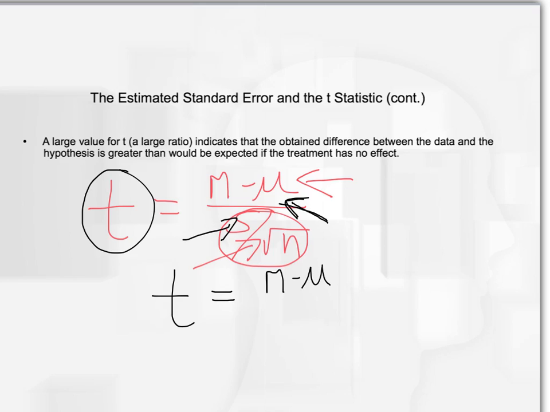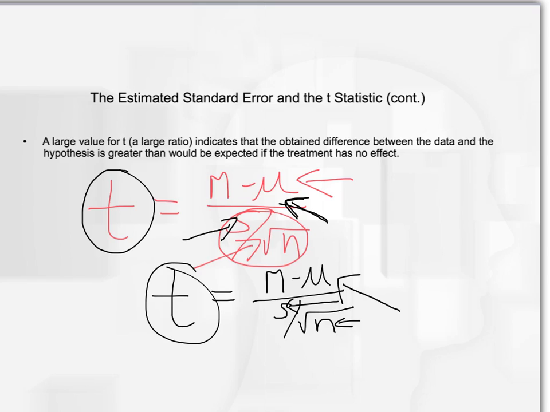What happens as sample size changes? Well, if your sample size goes up, if you take another sample and make it much larger, then when you divide a larger sample size into the same size standard deviation, your denominator becomes smaller. And when you divide a smaller denominator into a same size obtained difference between a sample mean and a population mean, your t-value gets larger.